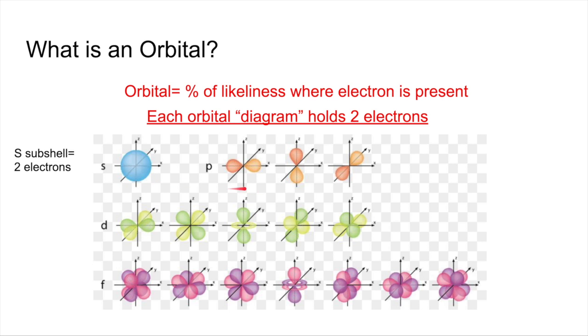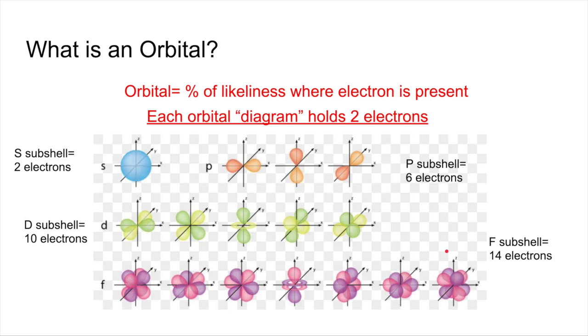P has 3 orbitals, so the P subshell can hold 6 electrons. D has 5 orbitals, so it can hold 10 electrons. The F subshell has 14 electrons because it has 7 orbitals.